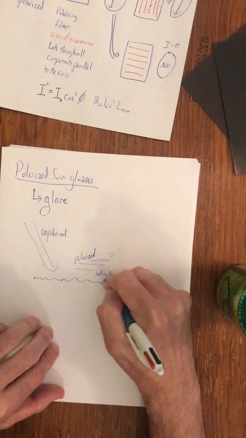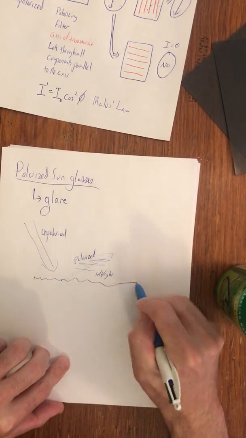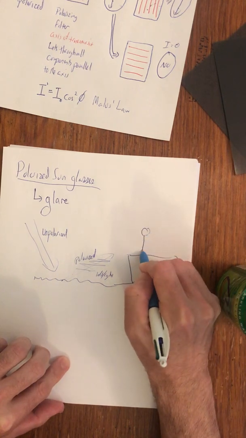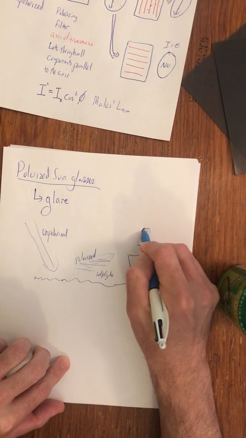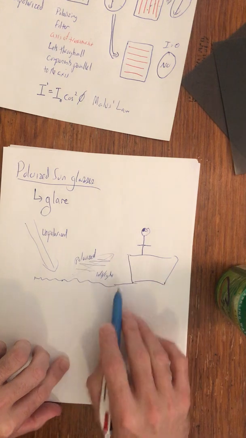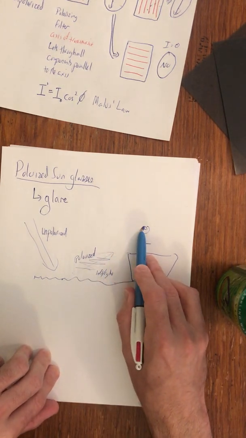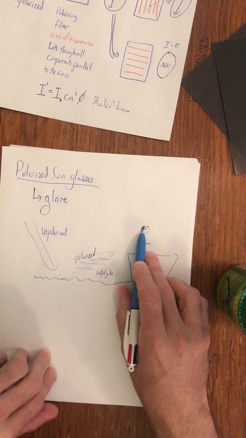That's what's left, the left-right or horizontal component of this. So if I'm standing on my boat here, I don't want to see glare. I'm very tall, apparently. And there's my sunglasses. I don't want to see glare. I just want to see light. And so polarized sunglasses very specifically are polarized up, down, so that no glare can get through them.